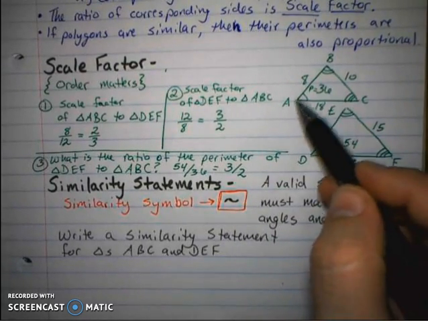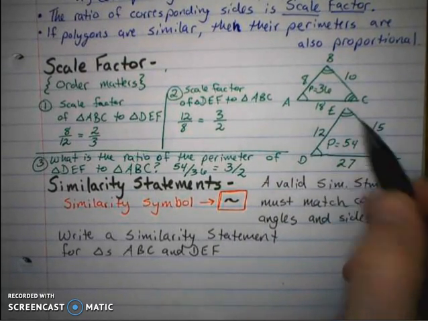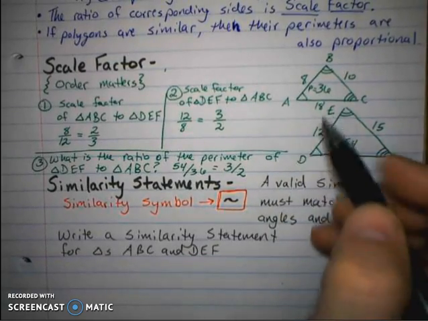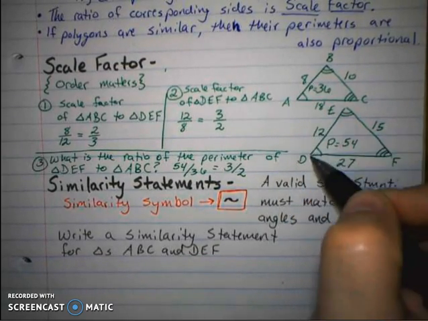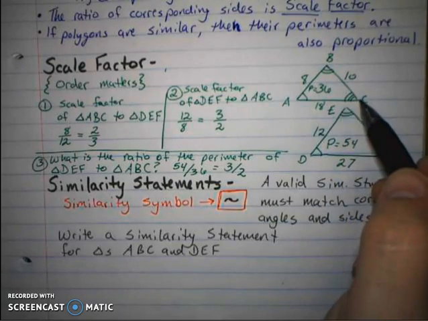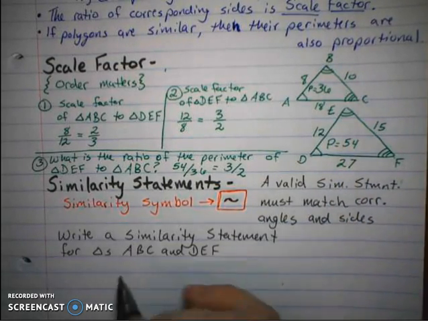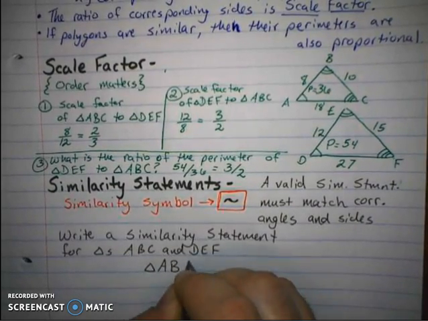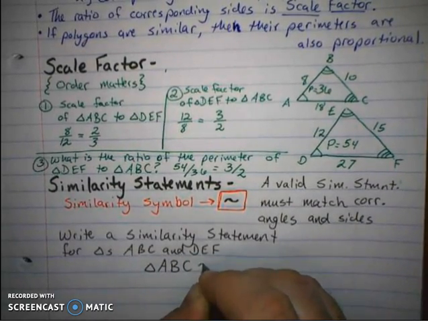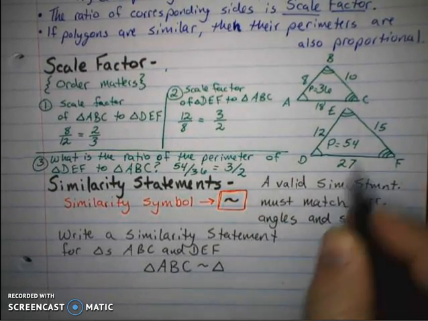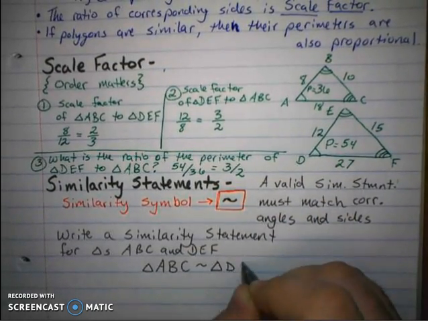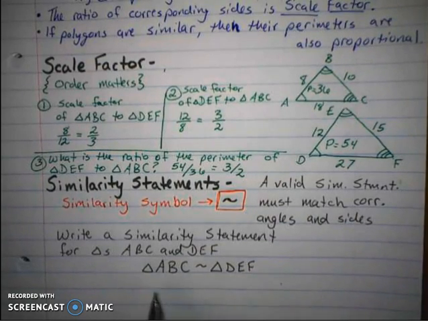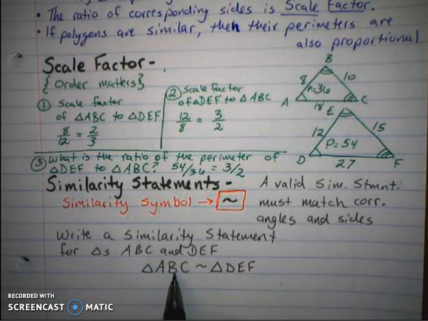Well, triangle ABC matches up to triangle DEF, not just because it's alphabetical order, but because we've marked angle A and D congruent, angle B and E congruent, and angle C and F congruent. So we can say that triangle ABC is similar to triangle DEF. And if I change the order of any of these letters, I have to change the order of these other letters to match.